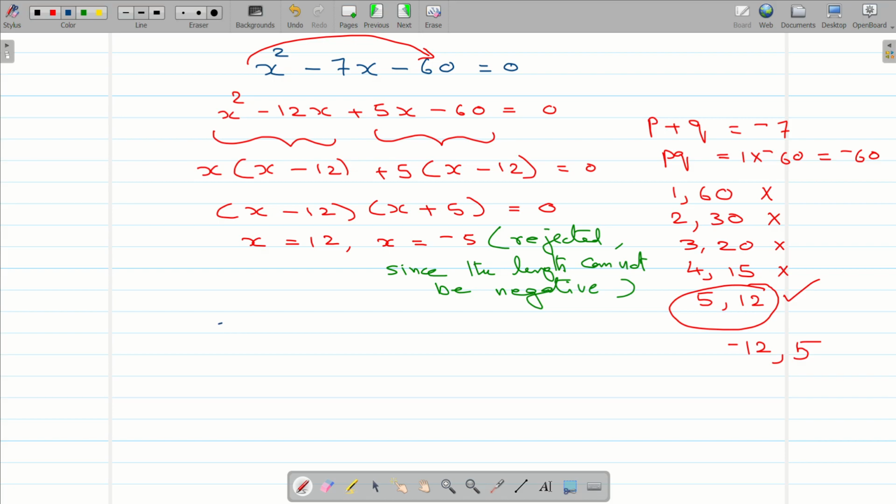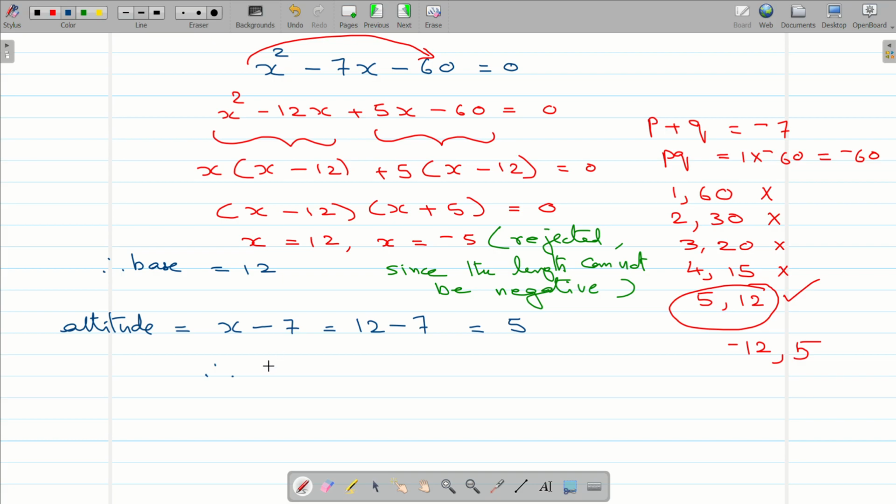So when x is equal to 12, x minus 7 is equal to 12 minus 7, that is equal to 5. x is equal to 12 means the base is equal to 12 and altitude is equal to x minus 7.